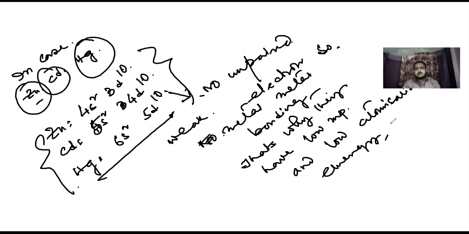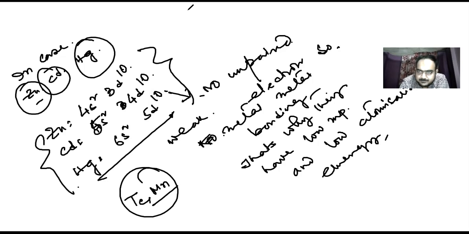Some of them show abnormal properties, such as technetium and manganese. Though they have a high number of unpaired electrons, they show a low melting point compared to the rest of the elements in that series or group. Thank you. Next one.